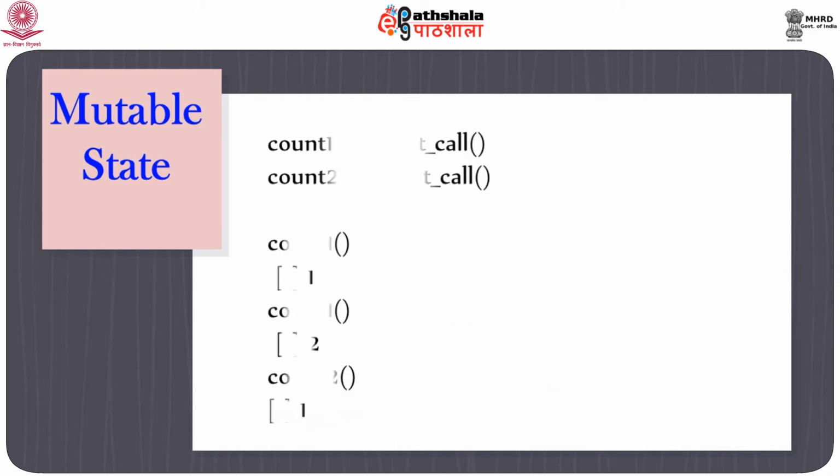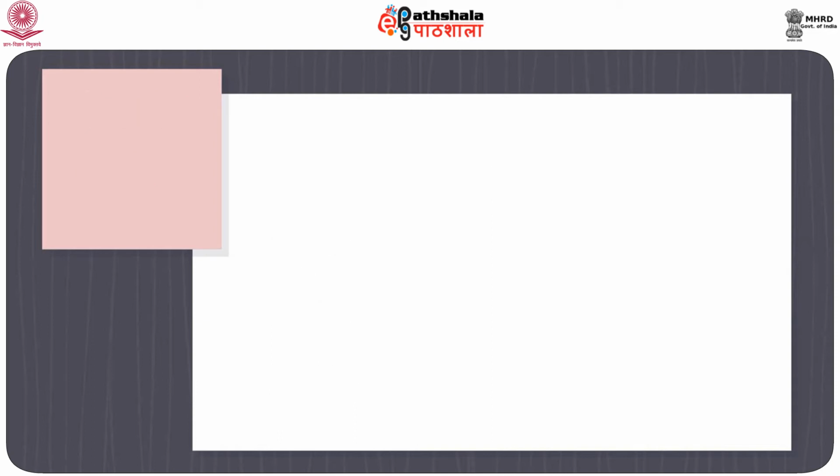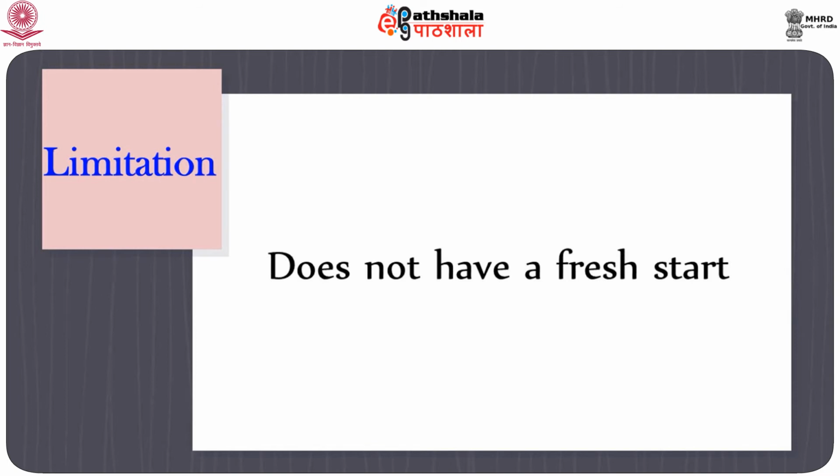In this example, count1 and count2 maintain two separate counts. Whenever we are running the function, each of count1 and count2 will get the environment in which they are enclosed. This is the reason why we are having different counts after calling this. But the function that we just discussed does have some limitations, one of which is that it does not have a fresh start.